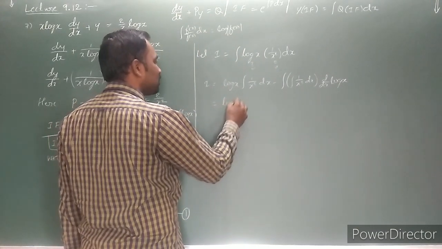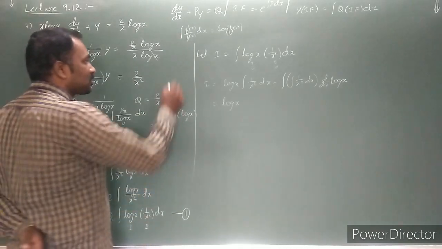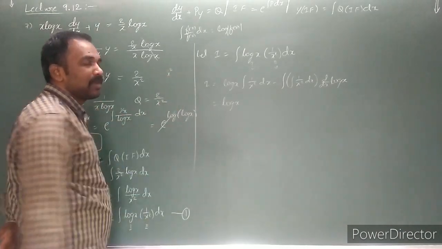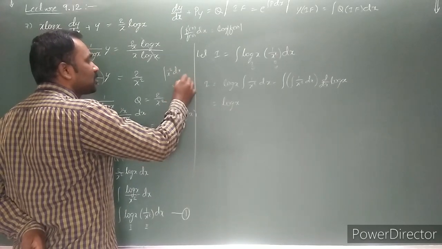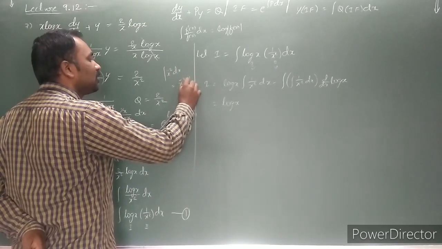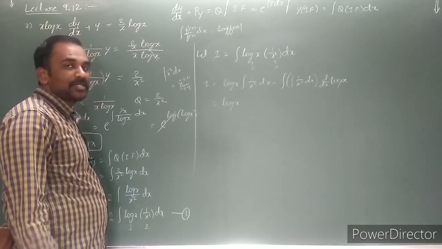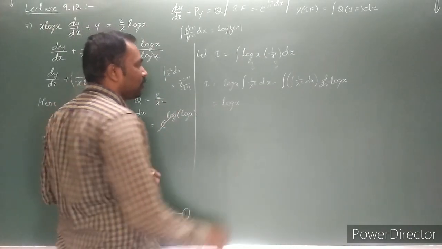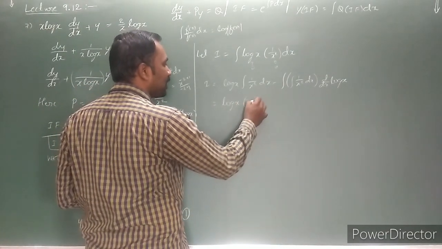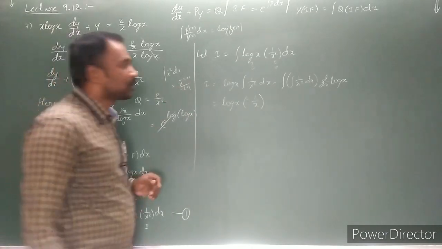So log x as it is. What is the integration of 1 divided by x square? 1 by x square can be written as x power minus 2. Integration of x power n is x power n plus 1 divided by n plus 1. So x power minus 2 plus 1 divided by minus 2 plus 1. What will we get? Here we can directly write it as minus 1 divided by x.